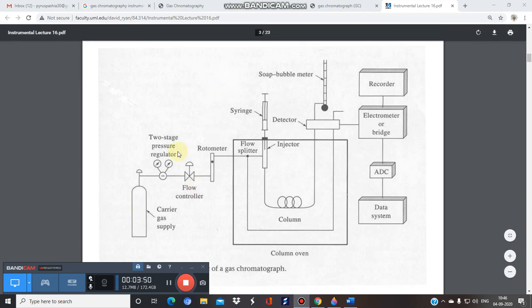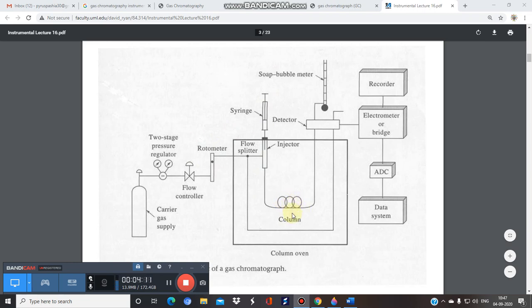So the next important thing, don't worry, we will do it in detail also, is this point. This is the syringe, the injector of the sample. So you have a mobile phase, you have a sample. Here is a column.